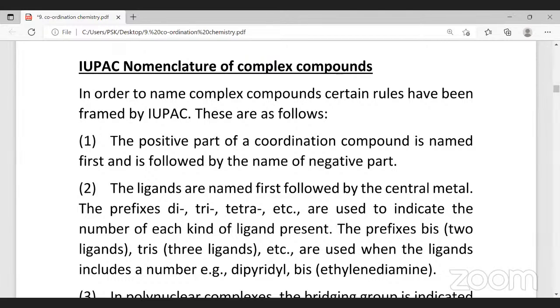Likewise, these coordination compounds are also many in number. You cannot give specific names for those because they are also in millions. Therefore, we need to follow a set of rules to name them. Those rules are given by IUPAC, International Union for Pure and Applied Chemistry.